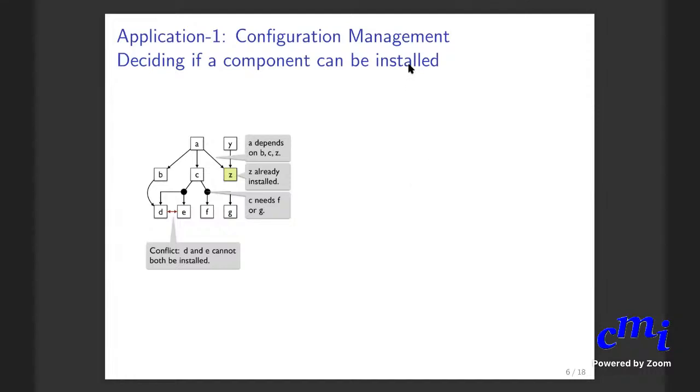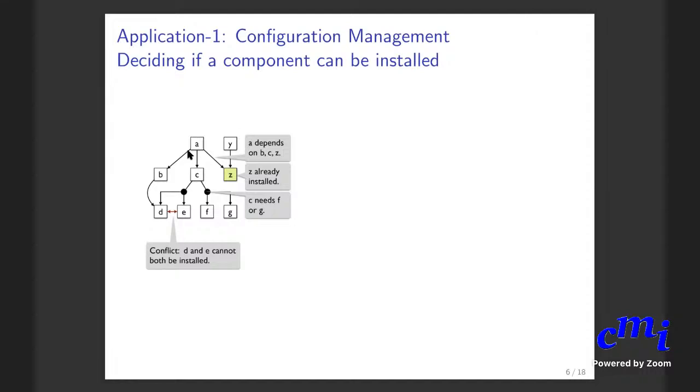So I mentioned configuration management. Here the problem is deciding if a component can be installed with some resource constraints that are given. Each box here represents a component. It could be a software component or some mechanical component or whatever.